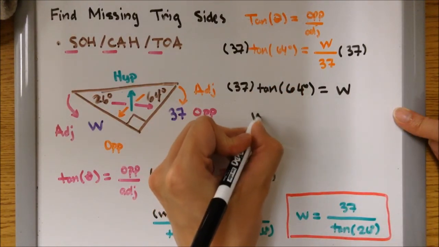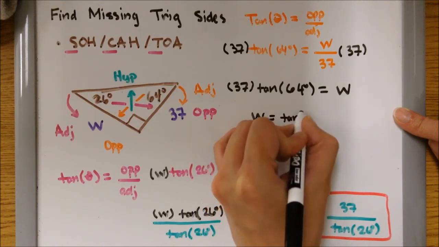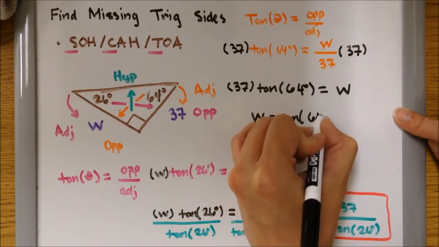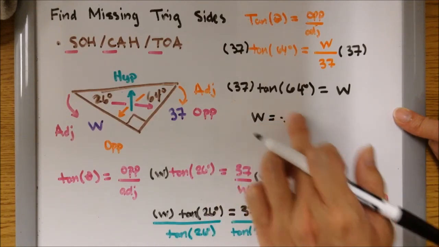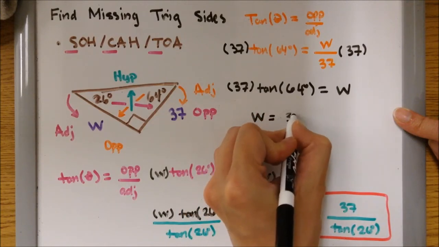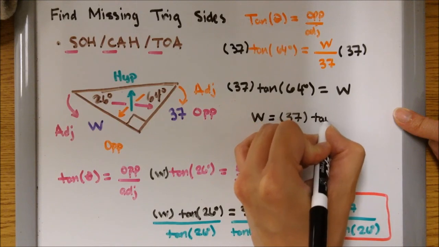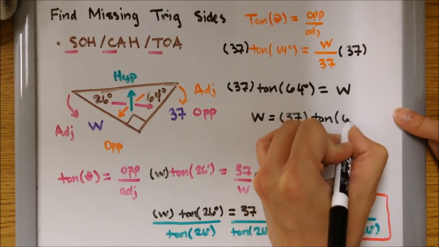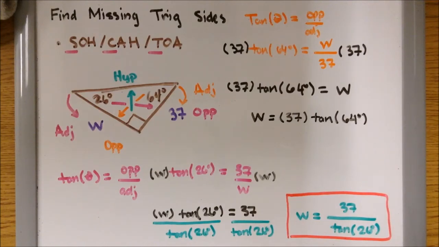So it's going to be W equal to, sorry, I'm missing something, 37 times tangent of 64 degrees. So that's going to be our final answer because I was able to get W by itself.